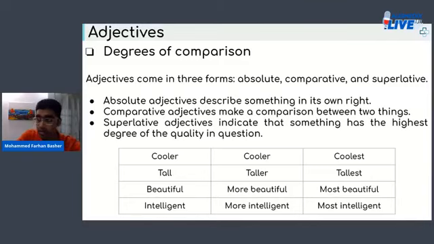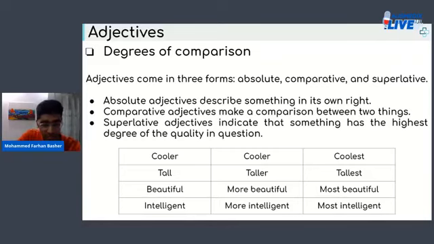When you say cool, adjectives in their own right are absolute all the time, unless of course you want to make a comparison between two people or two objects, right? So absolute adjectives describe something in its own right. Comparative adjectives make a comparison between two things. Superlative adjectives indicate that something has the highest degree of the quality in question.